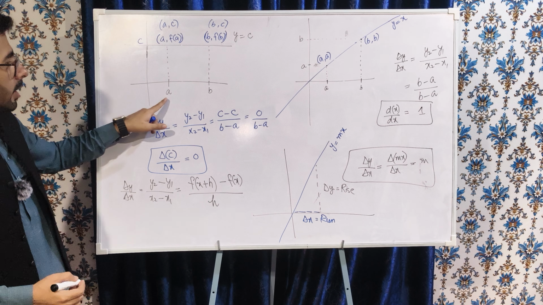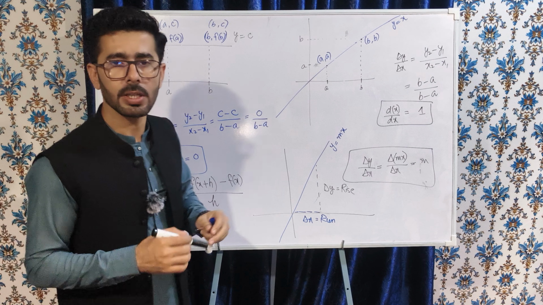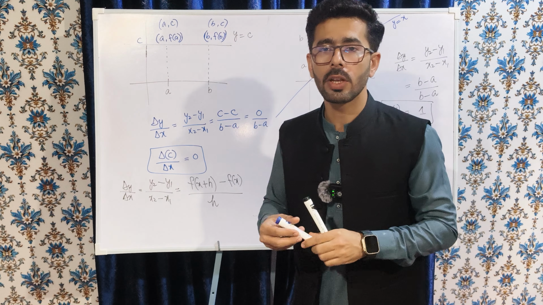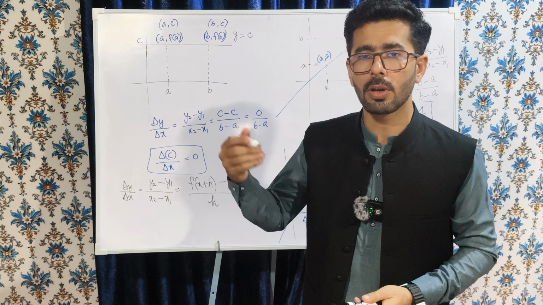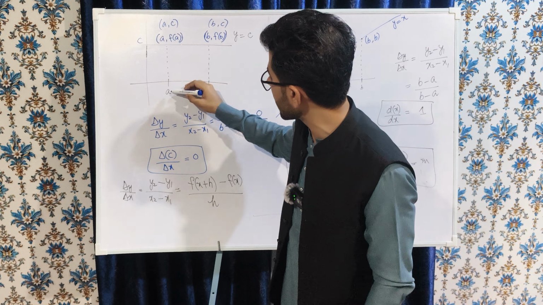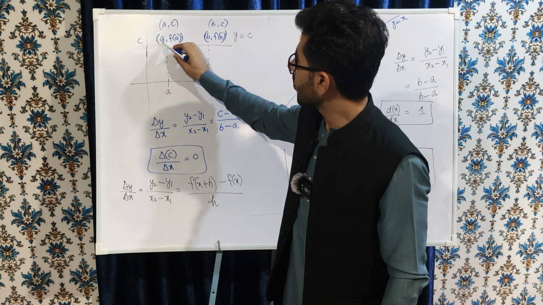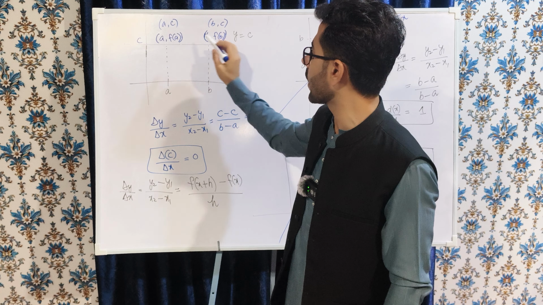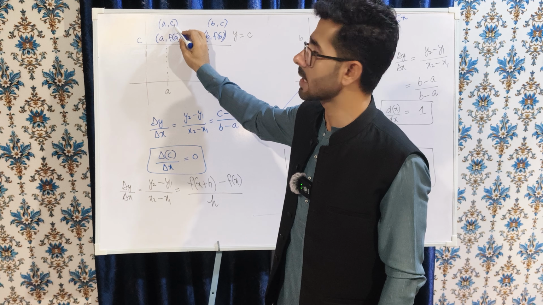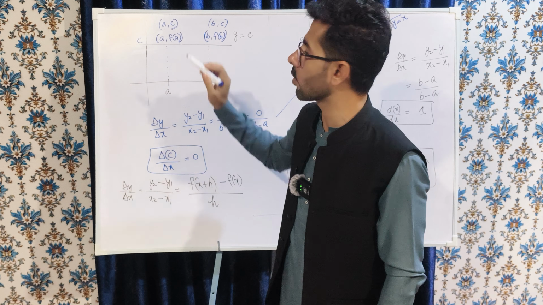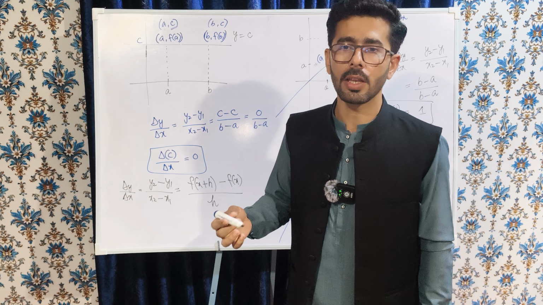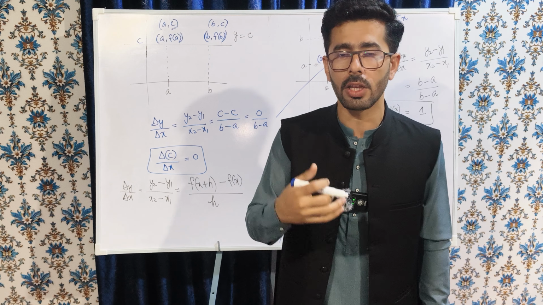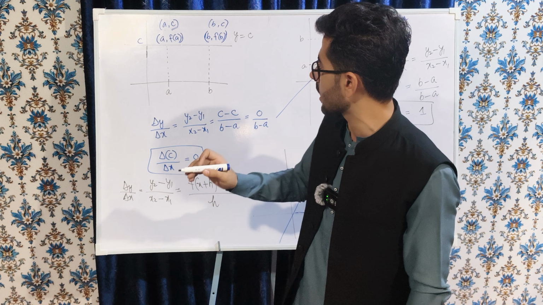Now, no matter at what point we study this function, the output would always be the same height. If I'm studying it at the point a, the value of the function at a, which will be the y value at a, will be c. At a the output is c, the y value is c, the function value at input a is c.